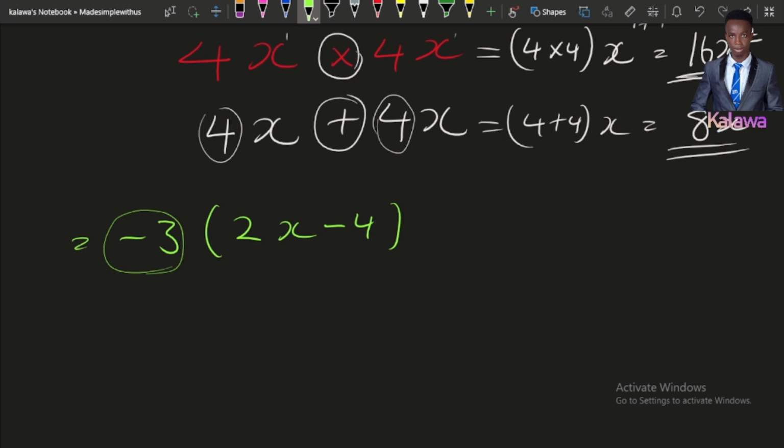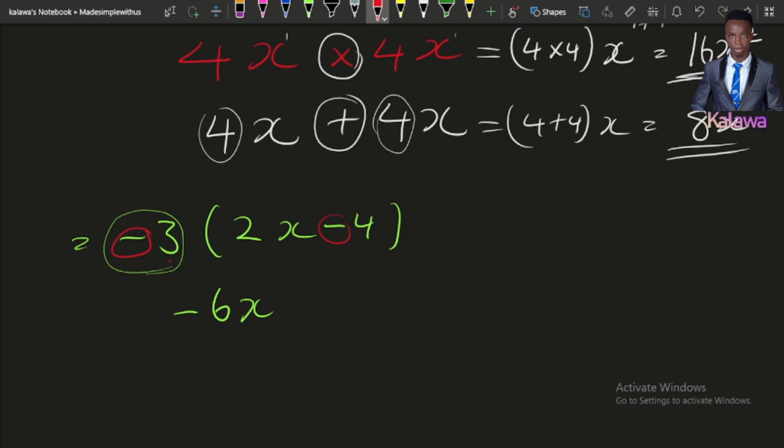Remember, when a number or a letter stands on its own, it's always in the positive form. So 3 times 2 is 6, it is minus 6, because minus times plus will always give you minus. Minus 6x.